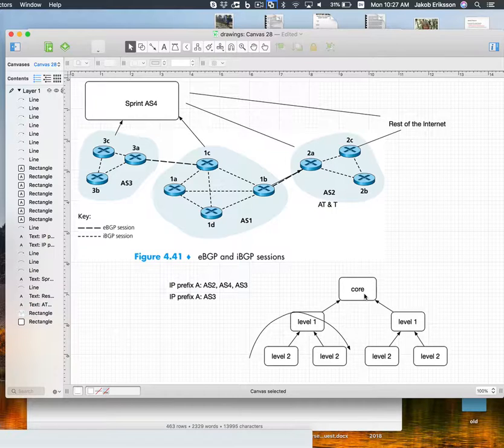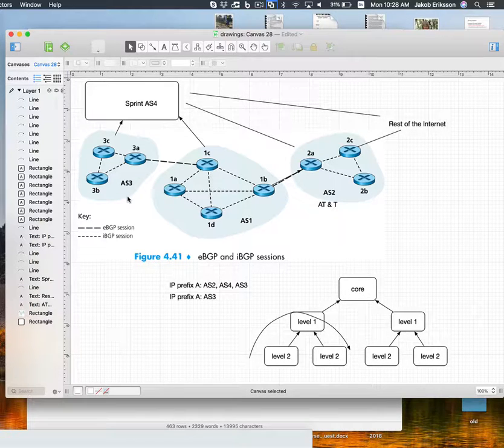So BGP deals with prefixes, these IP prefixes. So there's an originator AS that is directly connected to this prefix, sends it to the providers and peers, and they forward it and so on, and they will forward a route per prefix.